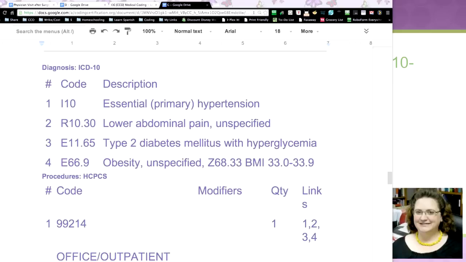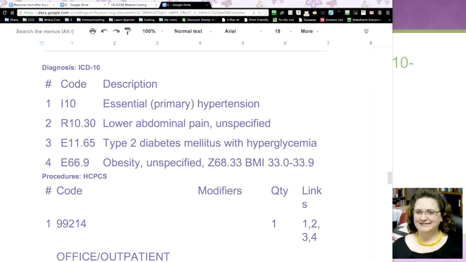Okay, then E11.65 is type 2 diabetes that's uncontrolled, meaning with hyperglycemia. So it's worded a little bit different than it is in ICD-9. So that's E11.65. The diabetic codes did change a little bit, and their rules changed just a tad bit.